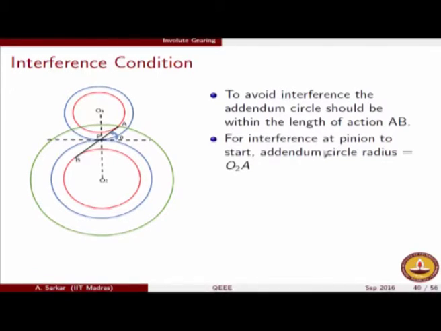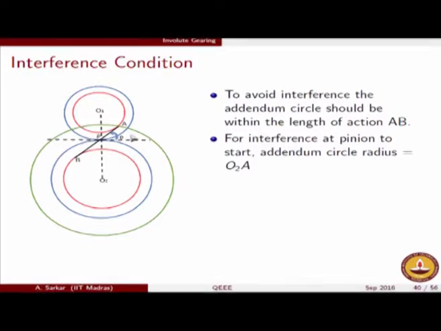For interference at the pinion to start, what we therefore note is that the addendum circle radius, which is O2A for the wheel, if that is the addendum circle radius and you have this green circle exactly touching the red circle at the point A, which also happens to be the point of tangency of this line AB, then you are going to have the critical condition where the interference will just start.